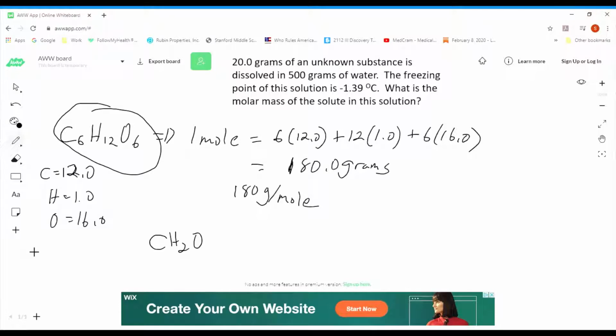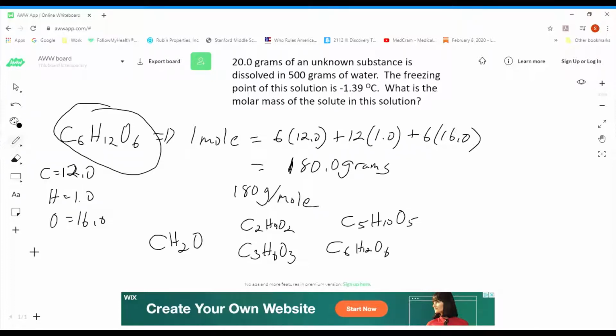To figure out the molecular formula, you need to know what multiple of this it was. Was it CH2O? Was it C2H4O2? C3H6O3? C5H10O5? C6H12O6? That's the answer here.